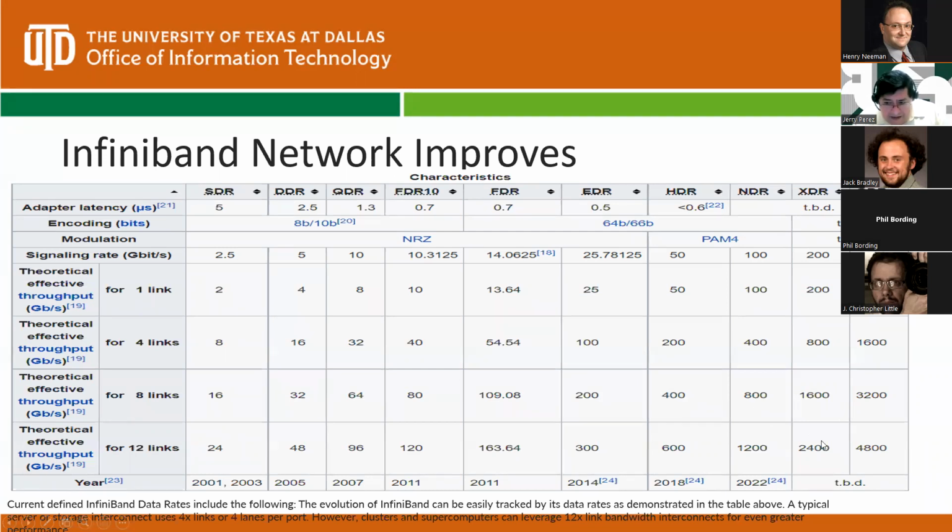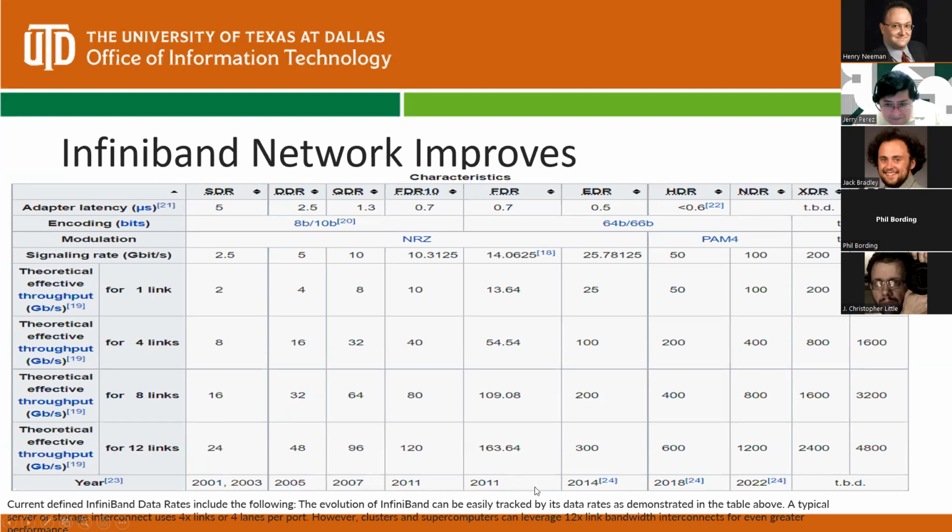I think at the top they have 4,800 gigabits per second. So the technology has definitely gotten better, and you can see the evolution, right? This is by year, and I can actually remember these technologies that were used at the High Performance Computing Center back at Texas Tech.